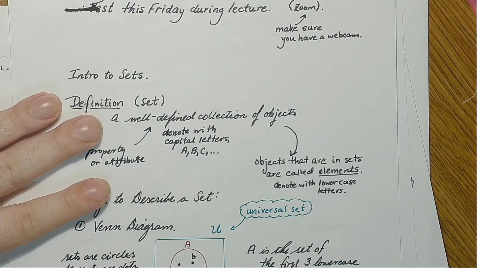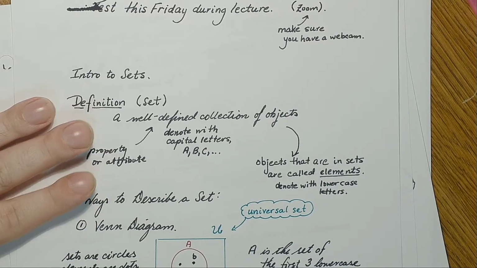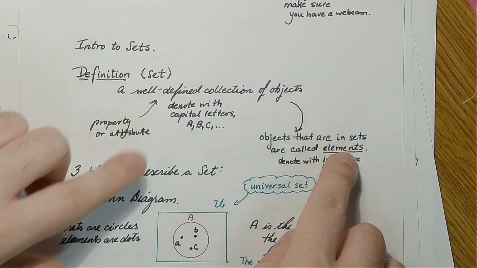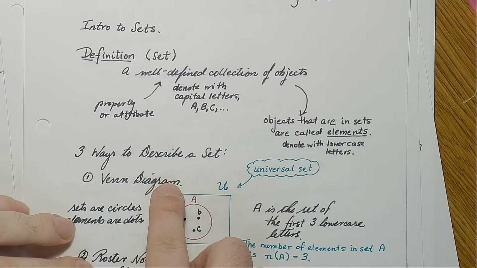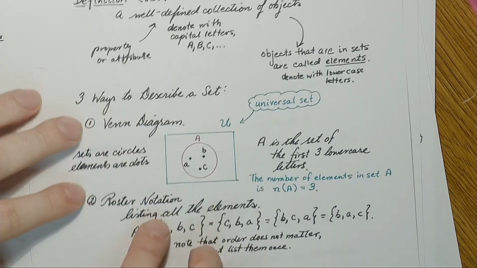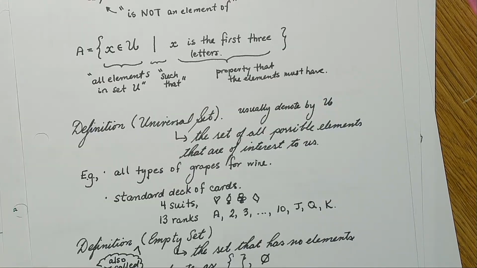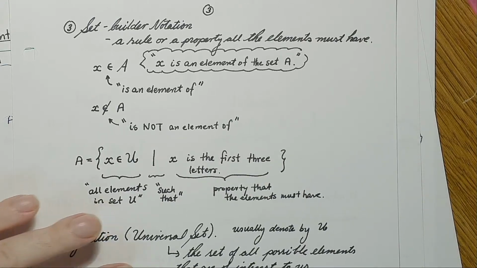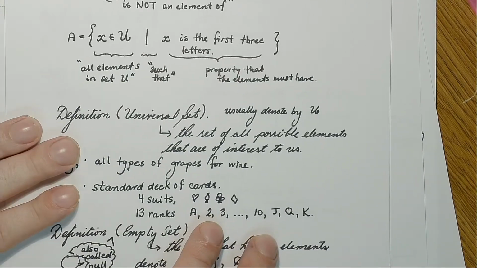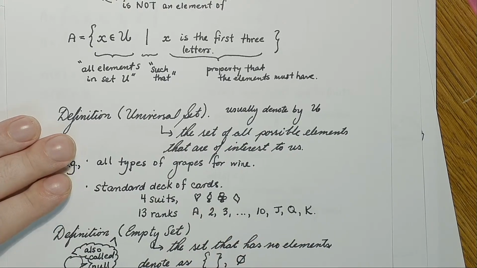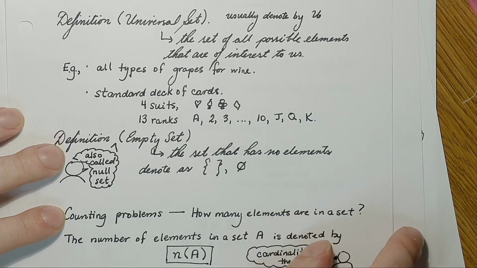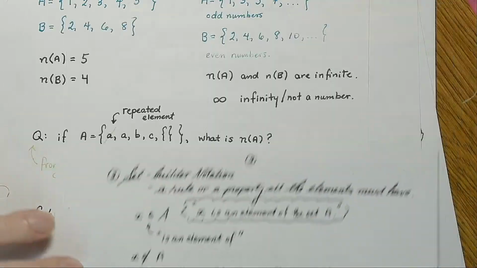A set was a well-defined collection of objects which contains elements. There were 3 ways to describe a set. We had a Venn diagram, we used roster notation, and we used set builder notation. We had the universal set, which was the set of all the elements that were of interest to us. We had the empty set that has no elements inside of it.